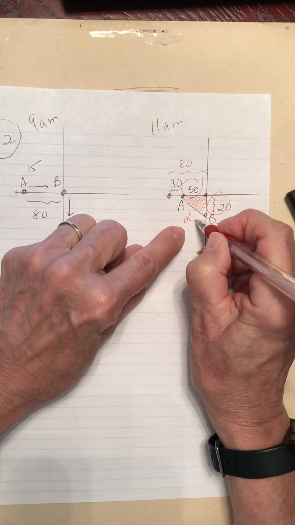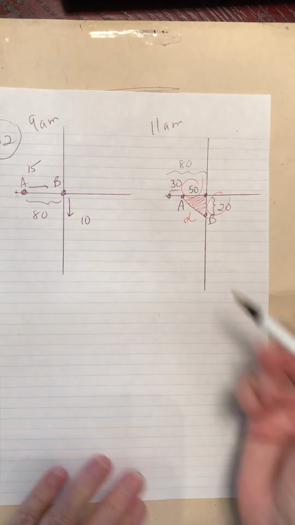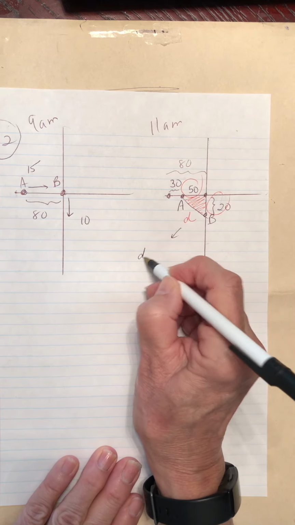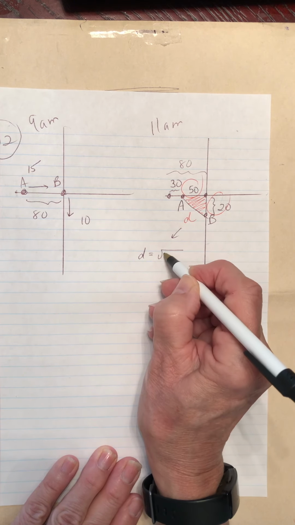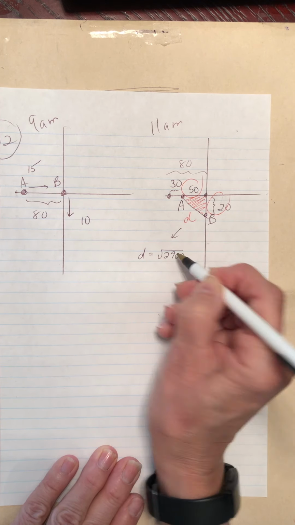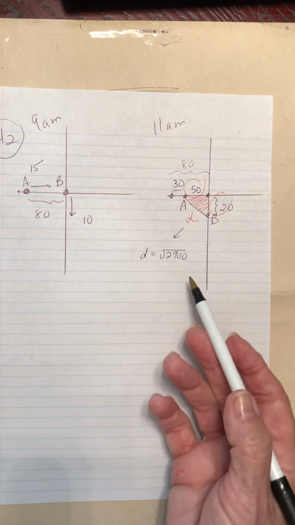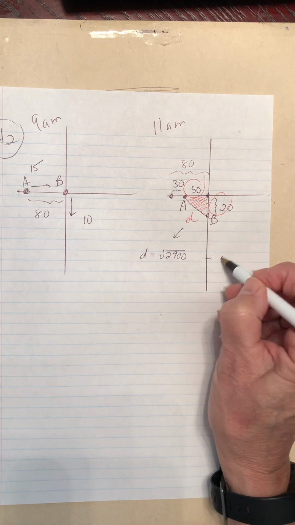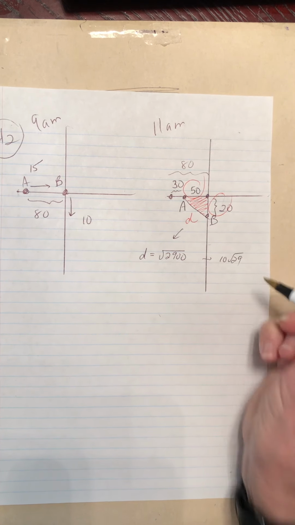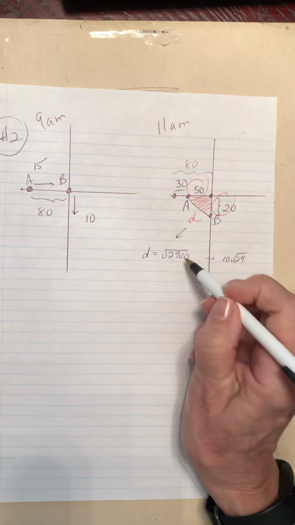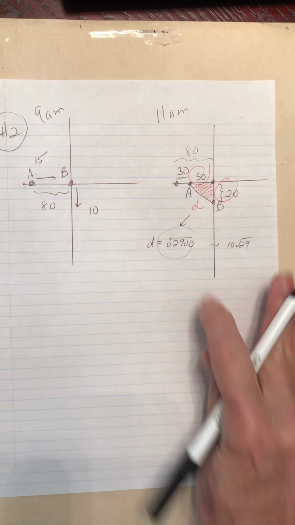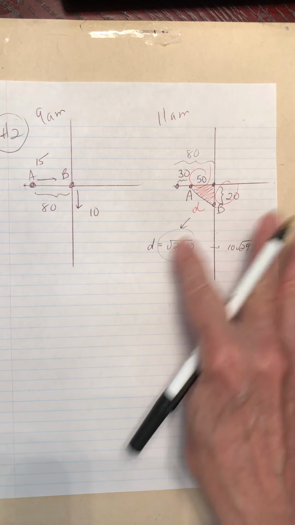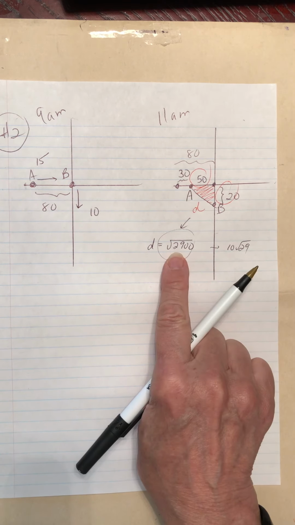I don't know D. I would use Pythagorean theorem to find that distance D, and it's going to end up being root 2900. So you could simplify this. Let's see, if we simplified it, it would be 10 root 29. There's not really much purpose in doing this. Okay, so let's say we're going to be fine leaving things not reduced into mixed radicals.